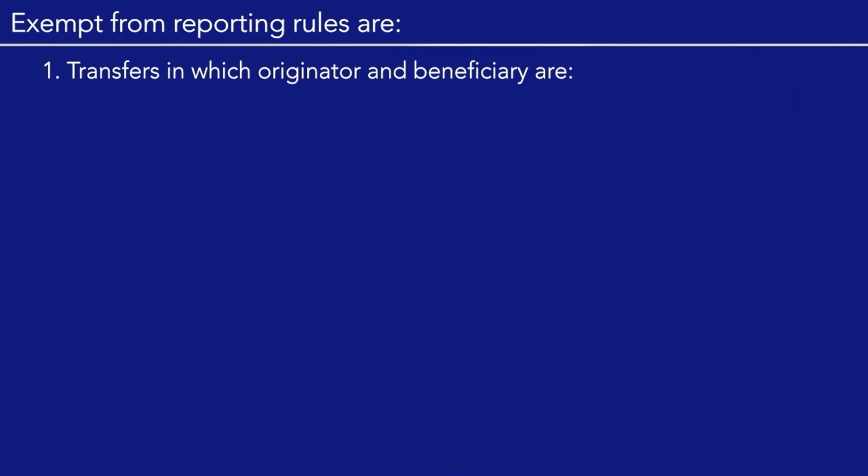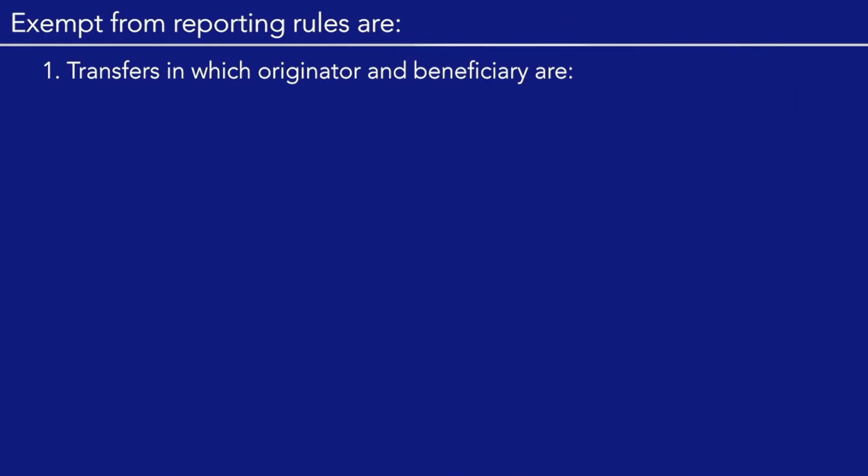The BSA also requires that you keep records regarding certain transfers and transmittals of funds, such as wire transfers, in the amount of $3,000 or more. Some transfers, though, are exempt from the rules, including transfers between one person's accounts within the same institution. Also exempt are 1.